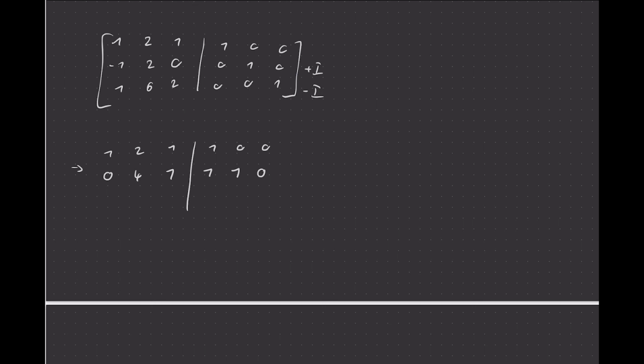For the last row, here we have 1 minus 1, that's 0. 6 minus 2 is 4. And 1 minus 1 is 1. 2 minus 1 is 1. And on the right-hand side, we get 0 minus 1, 0, and 1.